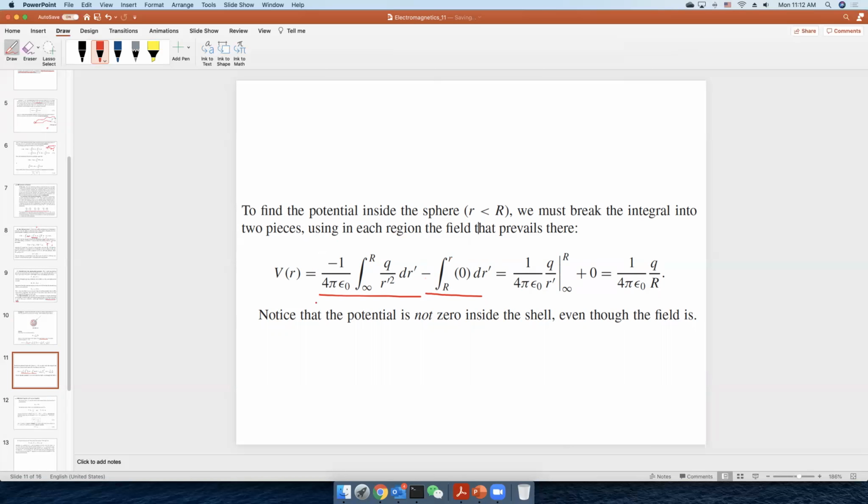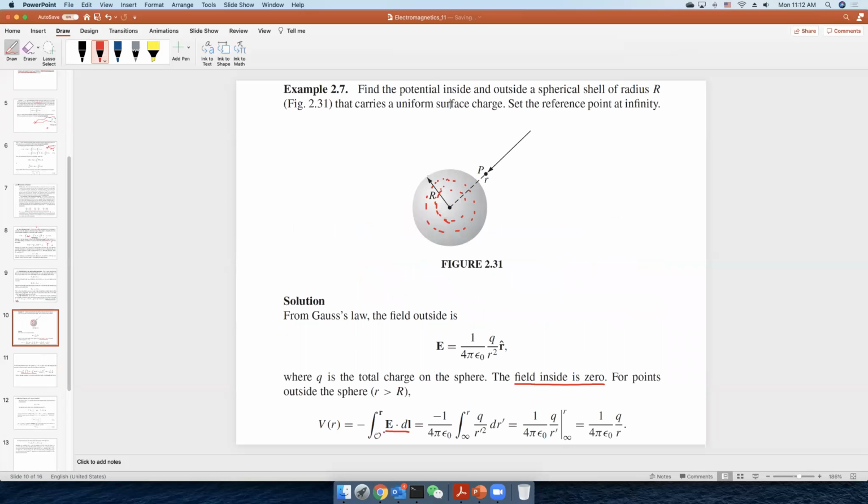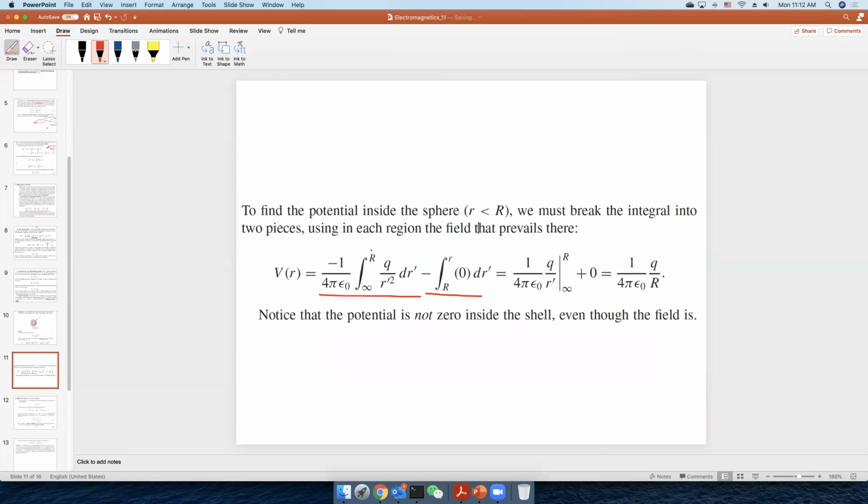The first term we have calculated, as shown here. The only difference is that now it becomes the capital R, the radius of the sphere. For the second term, the E inside the sphere is zero, so this term is zero. So finally, you get the potential inside the sphere as 1 over 4 pi epsilon 0 times Q over capital R.